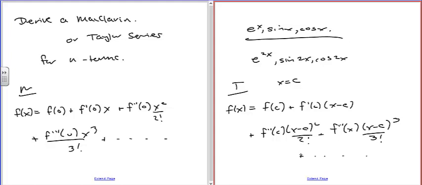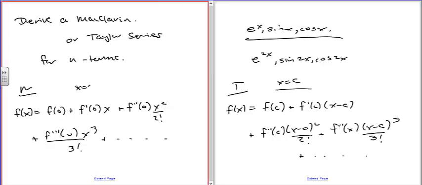Continue that on. So that would be a Taylor series where you're centered around c. It's a Taylor series when c is not equal to 0. Here c equals 0, so this defaults back to the Maclaurin series if you put 0 in there.